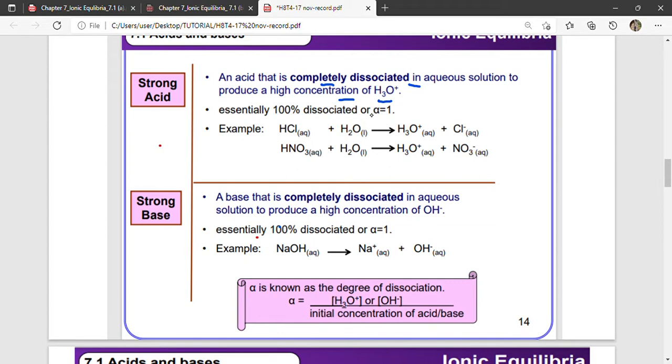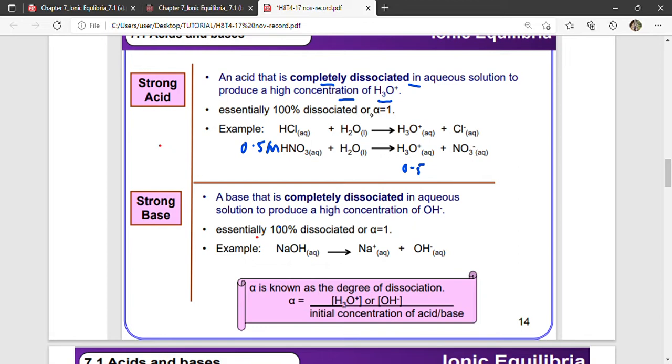Next, we also have HNO3, to produce H3O+ and NO3-. Note that if we have 0.5 molar of nitric acid, it means that we will produce 0.5 molar of H3O+ and 0.5 molar NO3-.